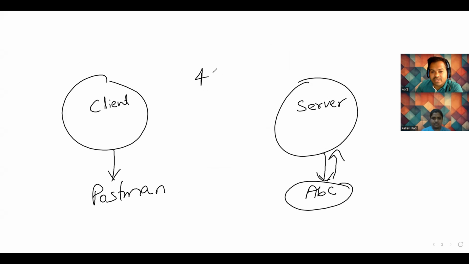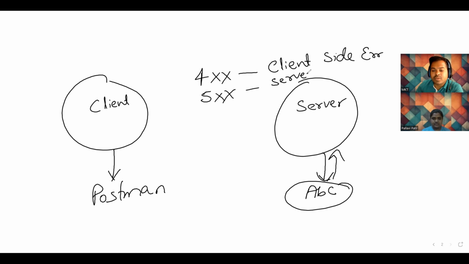One is 4xx status codes, one is 5xx status codes. 4xx means client side error and 5xx means server side error. You are getting a client side error, which is 400. And you are telling maybe it is not able to do something with the server. No, that's not the point. You're getting a client side error, bad request.